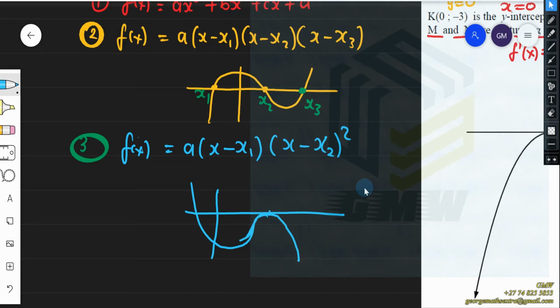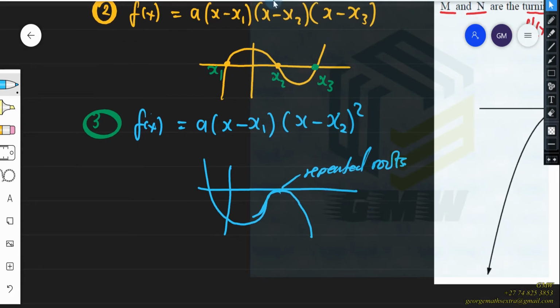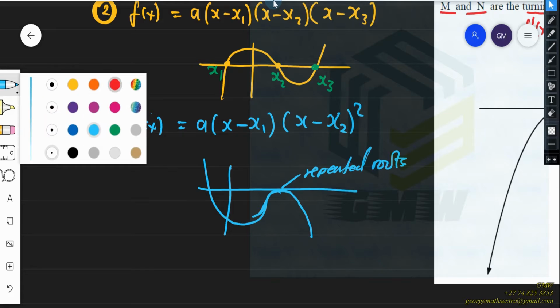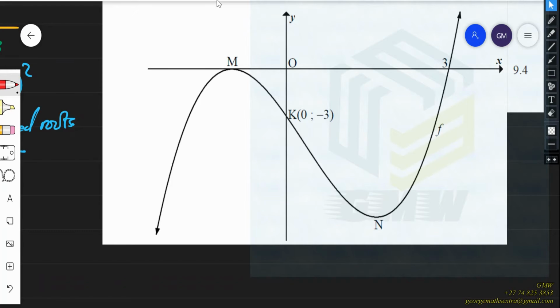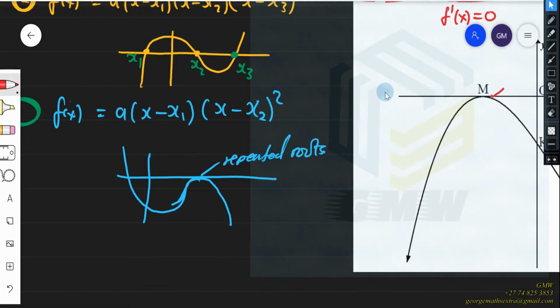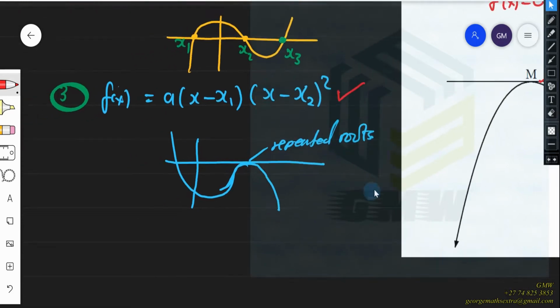So you'll have a repeated root at this point. If you look at this third one and the question that we have, the graph we are given has a repeated root at this point. So to find the required equation, we need to choose option 3. This is what is going to lead us to the solution.